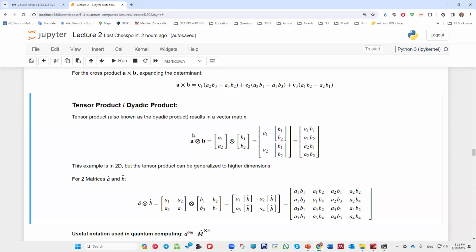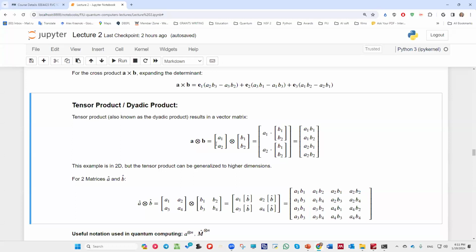Okay, so this is like a generalization of the two. And this is the way we denote the tensor product, with this circle with a cross inside. Sometimes you call this O cross or something like this, or tensor product.